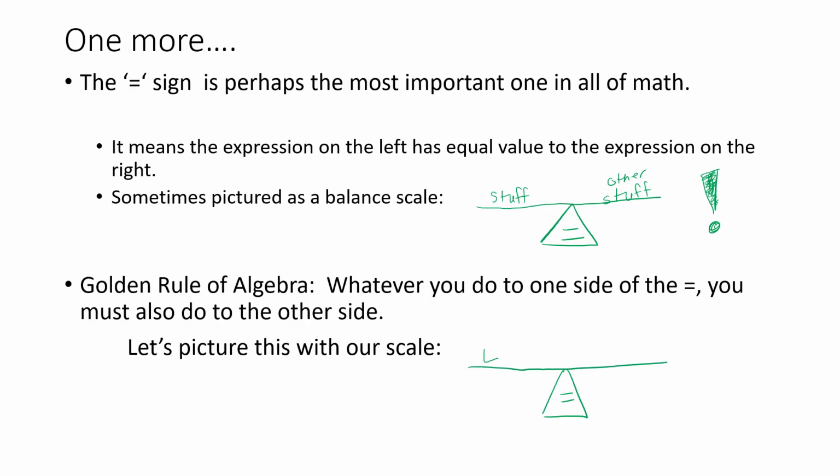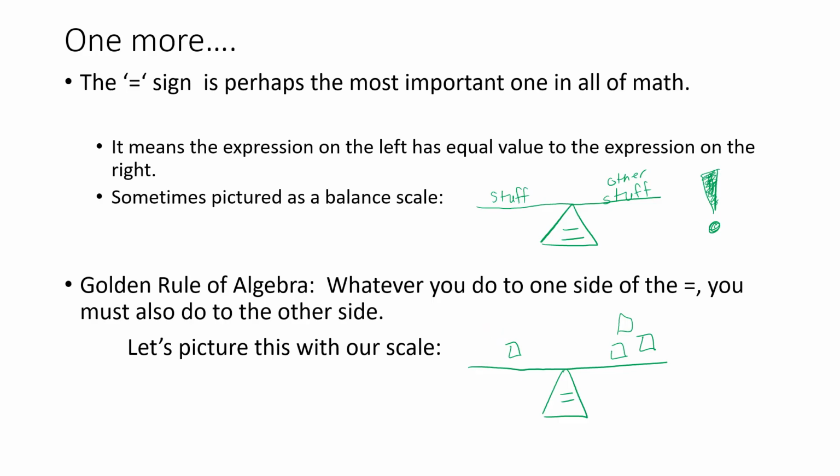Suppose I have 3 blocks on one side and 3 blocks on the other side. Well, this is balanced, okay? We're assuming they're the same kind of blocks and everything is balanced. And now I come in and I take 2 blocks away from the left side. We just grab those 2 blocks.